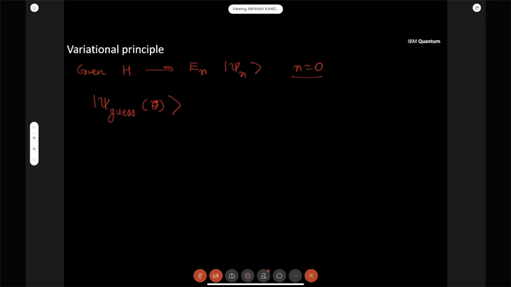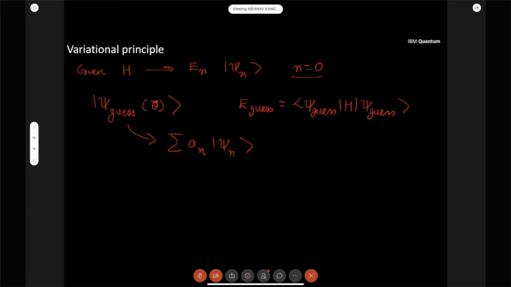And okay, so for this guess, you have an associated energy, which is the energy of the guess, and this is going to be equal to omega guess, right? And basically, you can express this as a linear combination of the different eigenstates of the Hamiltonian.